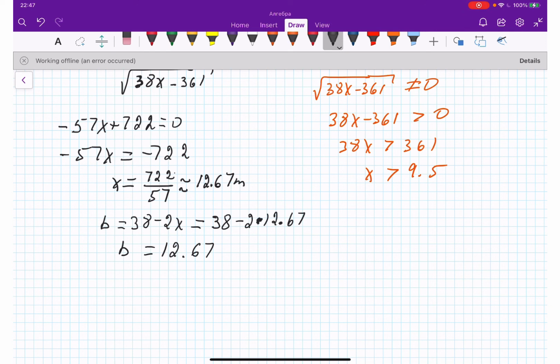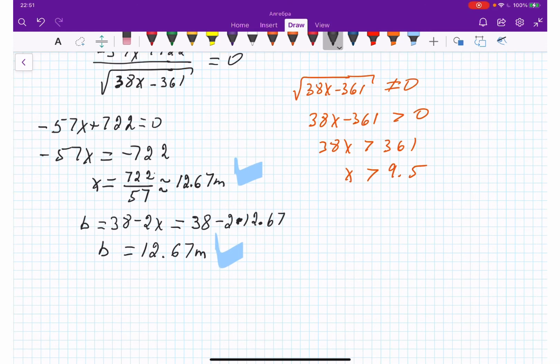As you can see, x is 12.67 and b is also 12.67. So practically all three sides are equal to 12.67, which means we have an equilateral triangle to have the maximum area, and the sides would be equal to 12.67 each.